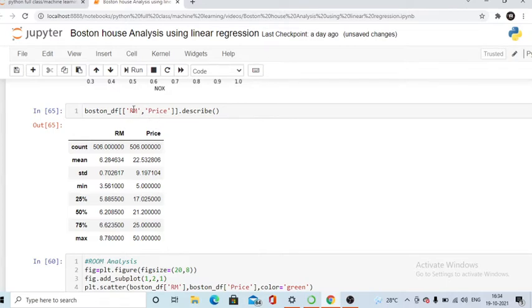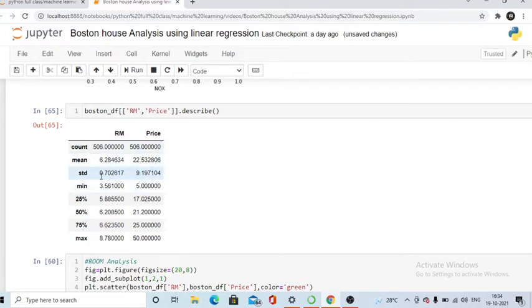Basically if you are buying a flat or house which has a large number of rooms, 4, 5, 6, then definitely as the number of rooms increases, the price of the house will also increase, right? Here you can see the mean value of my house is 6 point, that is, the average number of rooms is 6.28, and with respect to that average, the house price is 22, like this.